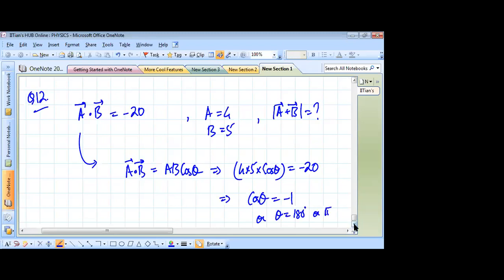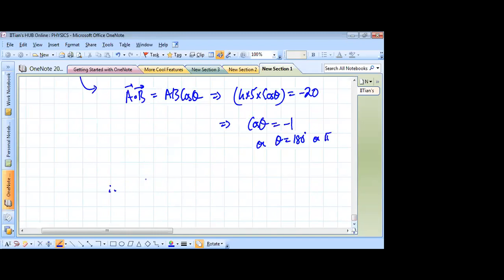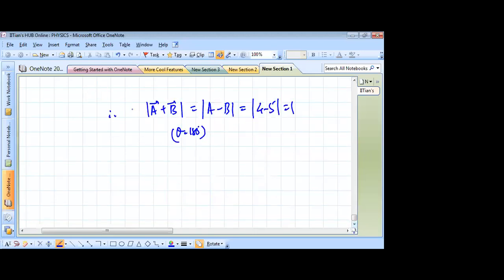Okay. So that means mod of A plus B will actually become magnitude of A minus B, because theta is 180 degrees. So that will become 1. Okay.